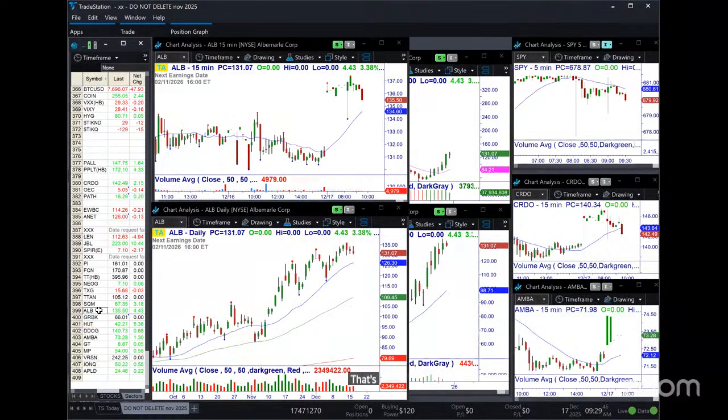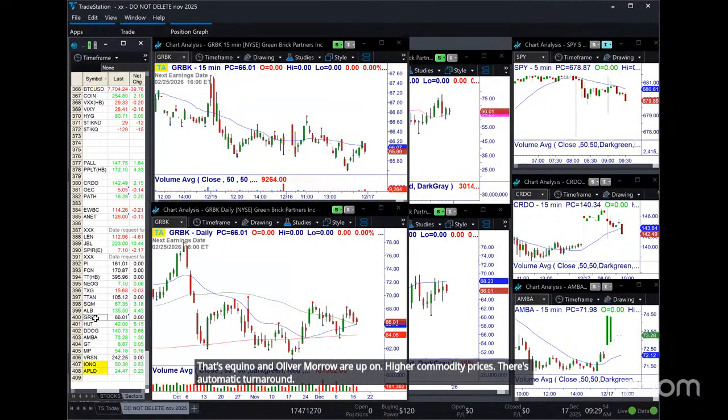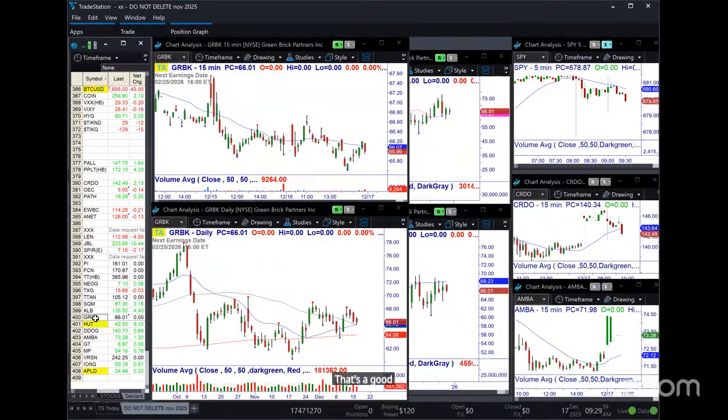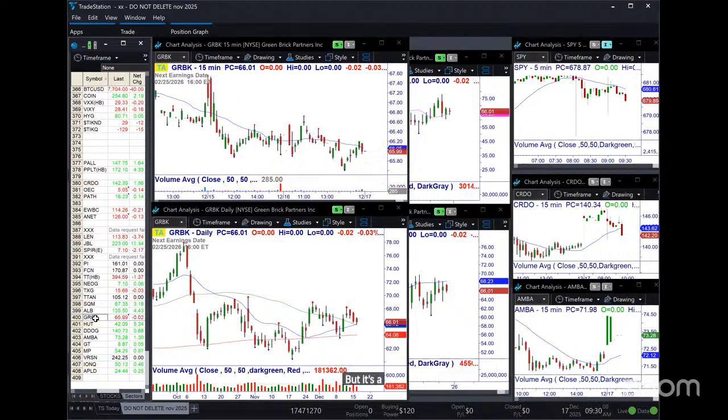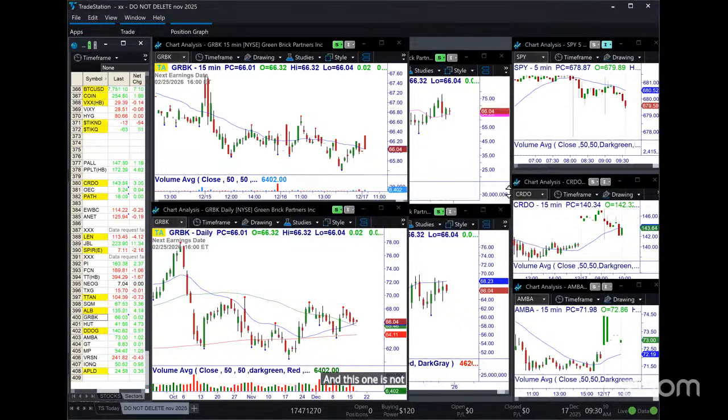Equinome and Albemarle are up on higher commodity prices. There's a bottoming pattern. That's a good bottoming pattern, but it's not ready yet. There are different levels of readiness, and this one is not ready, but it's worth watching.